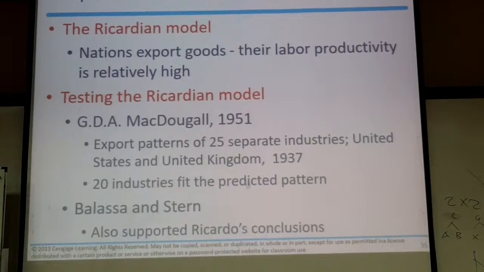So, empirical evidence of comparative advantage. In the Ricardian model, nations export goods whose labor productivity is relatively high. Now, we're going to do a number of tests, testing the Ricardian model, whether it's valid or not. And I have a video on this. You can watch my YouTube video.